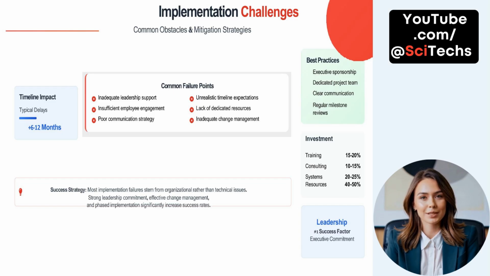From an investment perspective, resource allocation should be strategic: 15-20% for training, 10-15% for consulting, 20-25% for systems, and 40-50% for staffing and operational support. Ultimately, leadership is the #1 success factor. Executive commitment plays the most critical role in ensuring a successful rollout.